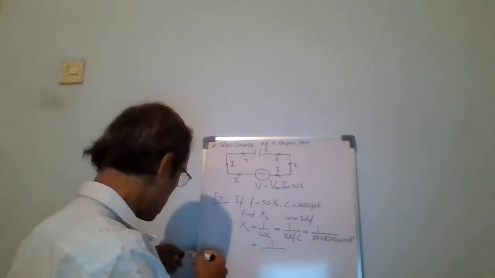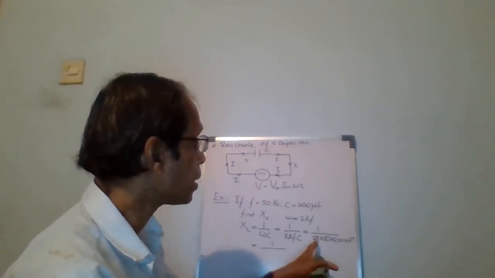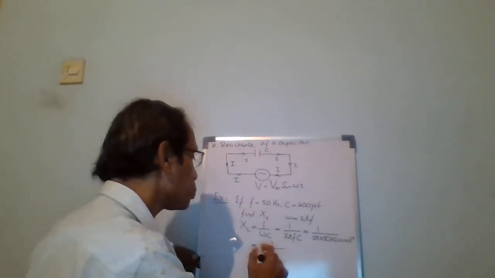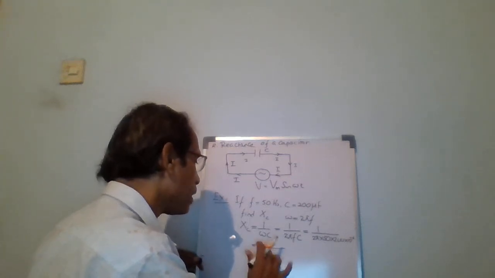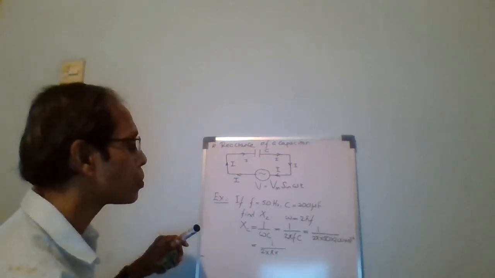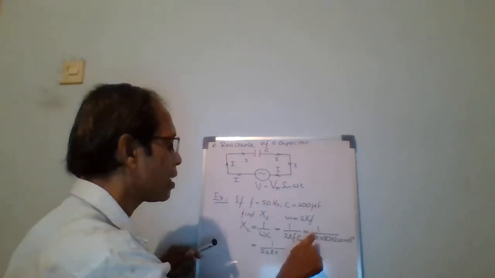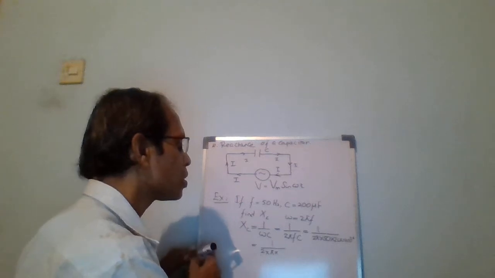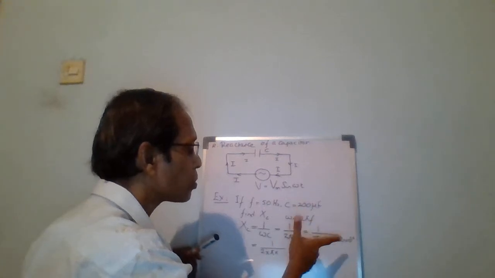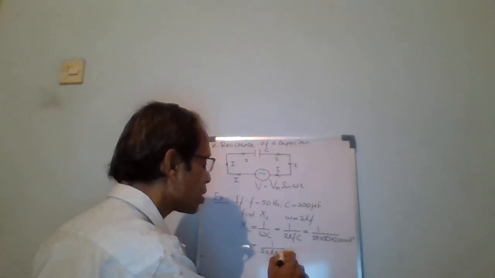So 1 over 2 pi into 50 into 200 into 10 to the minus 6. 2 into 50 is 100, so 100 pi into 200, that is 10 to the power 2 into 2 times 10 to the power 2, and 10 to the power minus 6 gives 10 to the power minus 2.